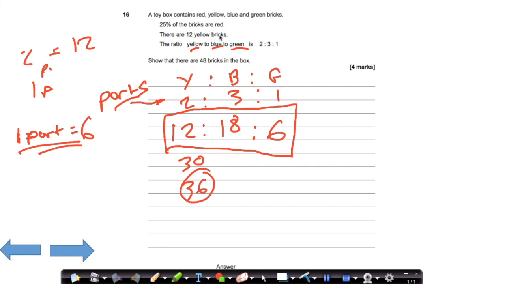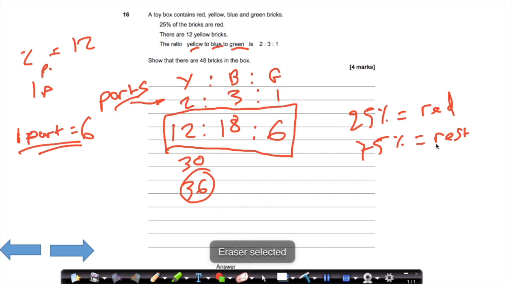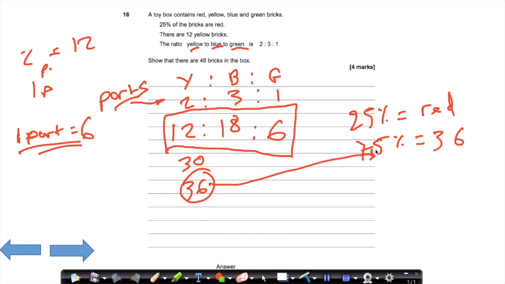If 25% of the bricks are red, then that means that 75% are the rest. And we know that the rest of them make up 36, because we just worked that out. So 75% of the bricks is 36.